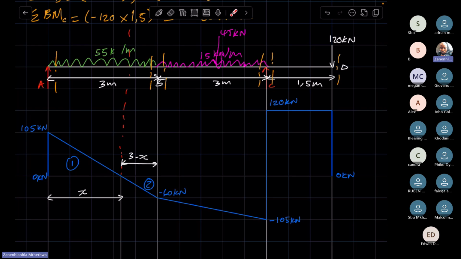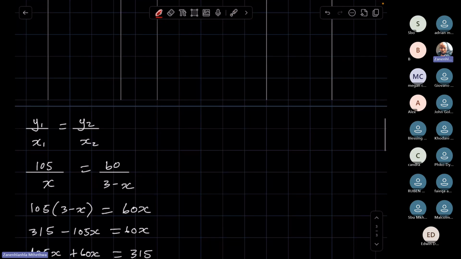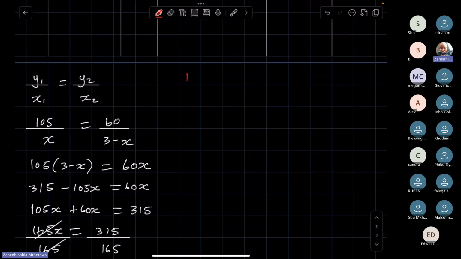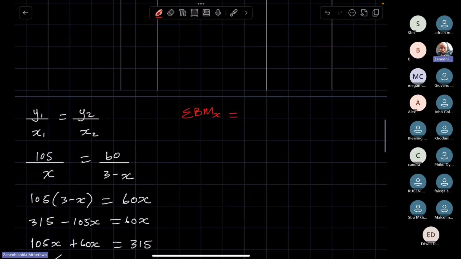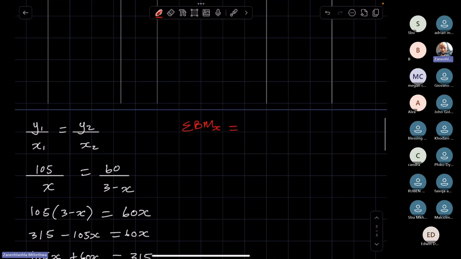But now you do not consider the entire span of the UDL, you consider the UDL in this span, which is the value x. So now we are going to say sum of bending moments at x, forces going up you take as being positive.